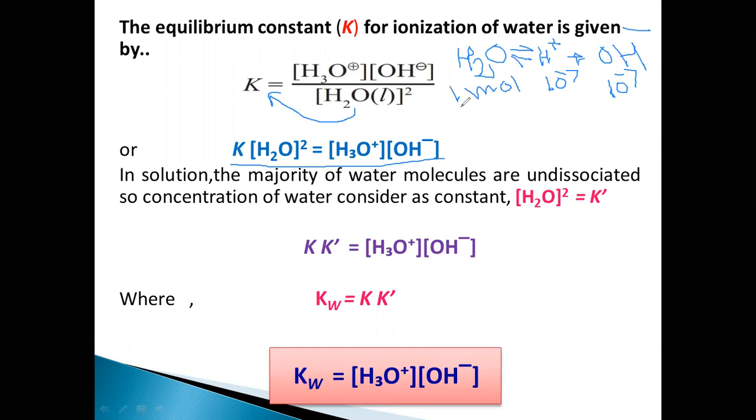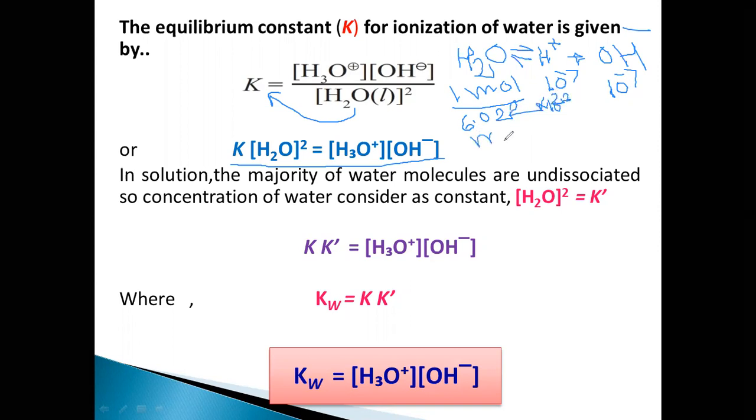So in 1 mole of water molecule, now 1 mole of water means how many molecules? 6.022 into 10 to the power 23. That is Avogadro's number.